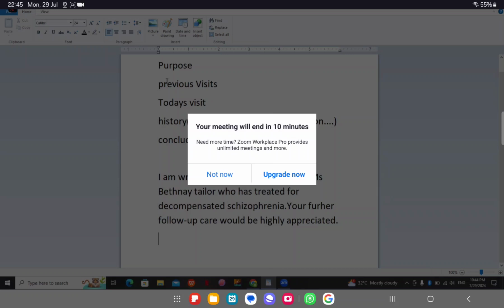Then, she was having auditory command hallucinations, which were telling her to harm herself.